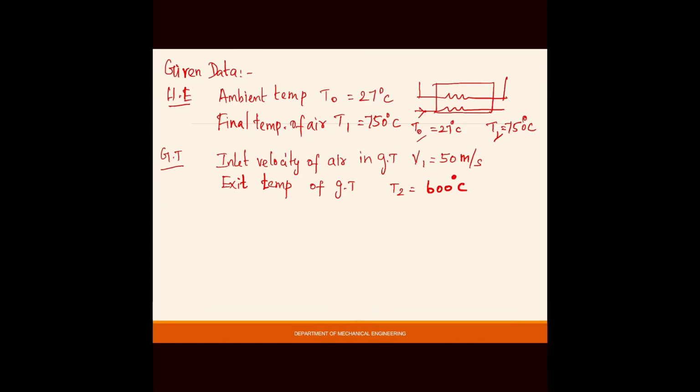For the gas turbine, the inlet velocity is 50 meters per second and the temperature was 750 degrees centigrade, because the exit of the heat exchanger is the input to the gas turbine. That's why 750 degrees centigrade is the input of the gas turbine.